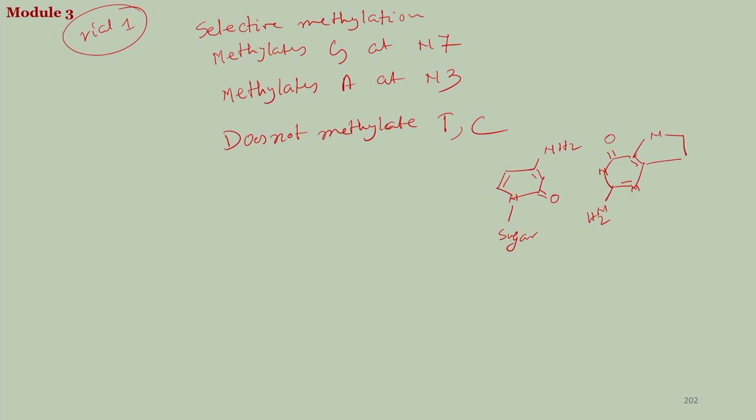This is the 5-member ring. Here is your sugar. NH double bond N, correct. Here is your sugar, and this is your N7. This is N7. So, this nitrogen would be methylated by the methyl, and this will be plus.